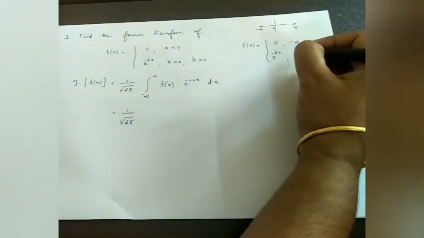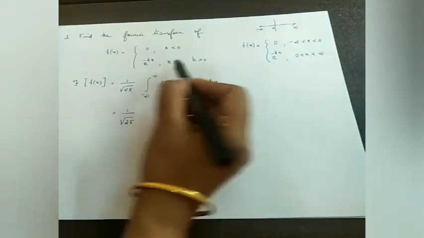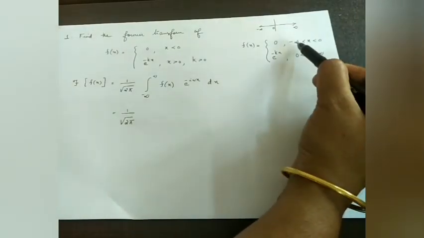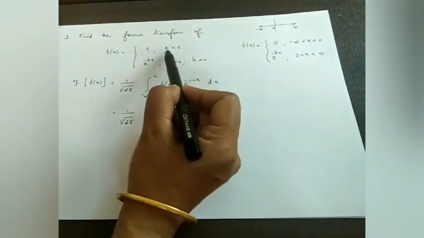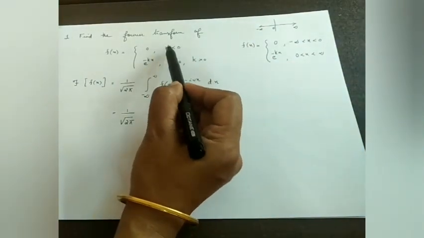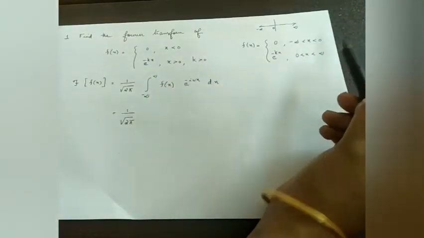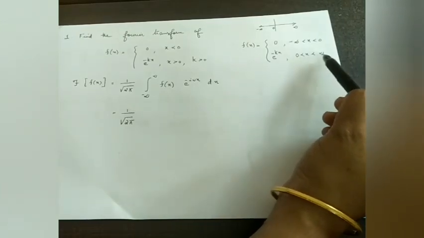Therefore, here we can rewrite this as 0 less than x less than infinity. That means the value of x lies in between minus infinity and 0. Similarly, x less than 0 means the value of x lies in between minus infinity and 0. X greater than 0 means the value of x lies in between 0 and infinity.